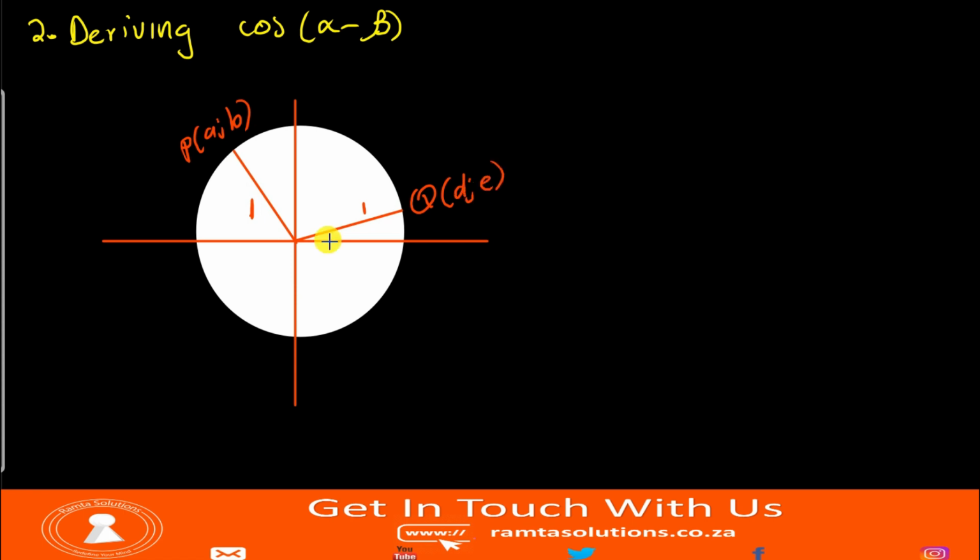Now, I'm going to call this angle alpha, whereas I will call this one beta. From here to here it's alpha, from here to here it's beta. So obviously this portion will be alpha minus beta.